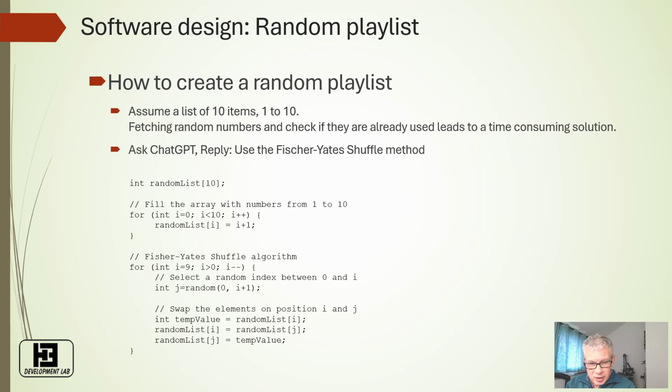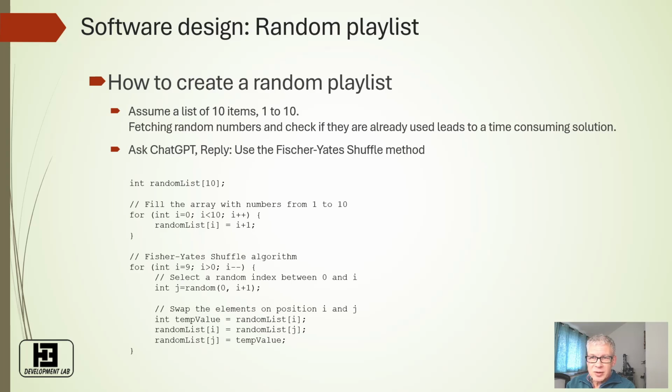Well, you could pick a number and put it in that playlist, and then pick another random number, put it in the playlist, but it should not be the same as the first one. So you can imagine that picking the last one is very obvious what the number would be, and using that random function and checking will be a time-consuming task. So that's not a good idea.